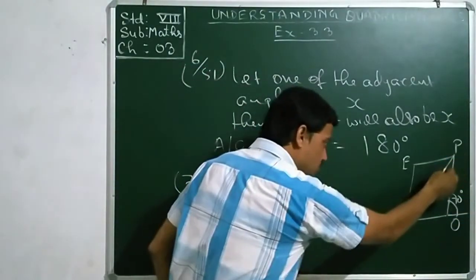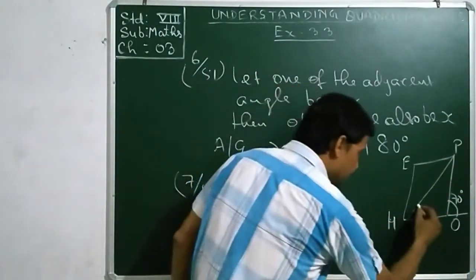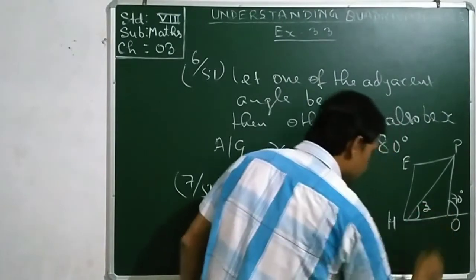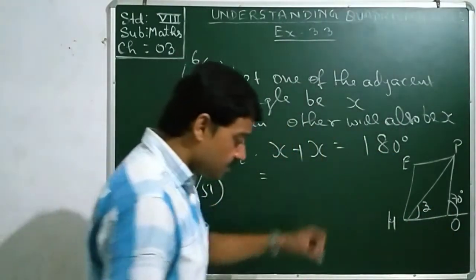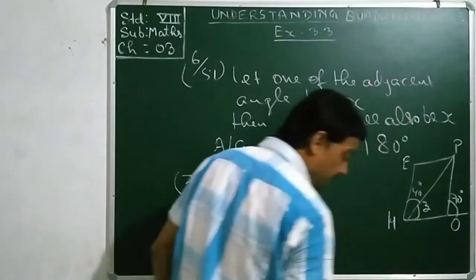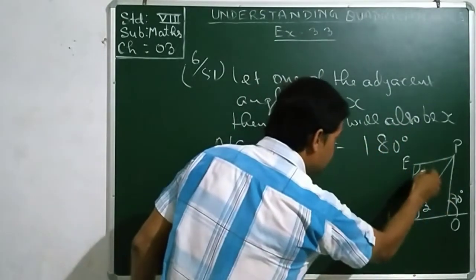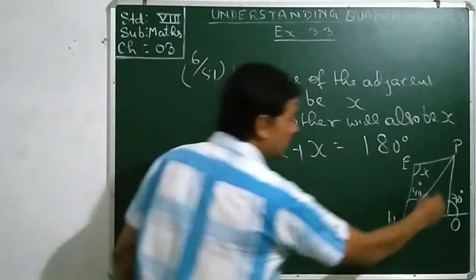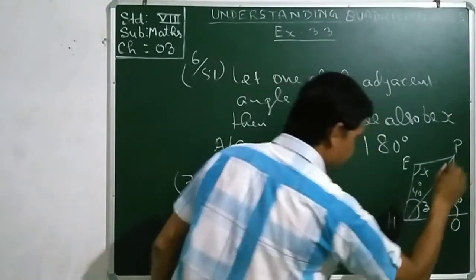One diagonal is also there. This angle is Z and measure of this angle is given as 40 degree. X is mentioned here and y is mentioned here.